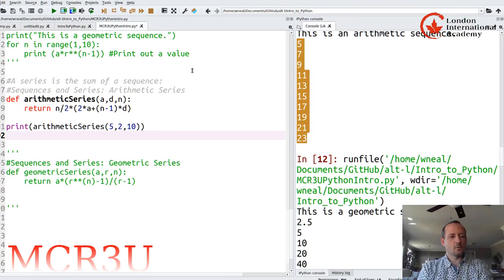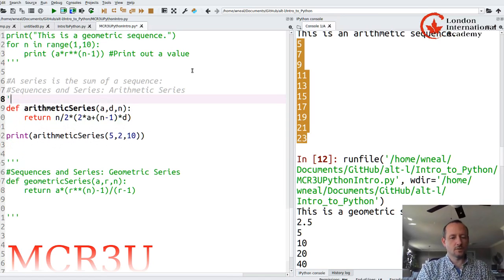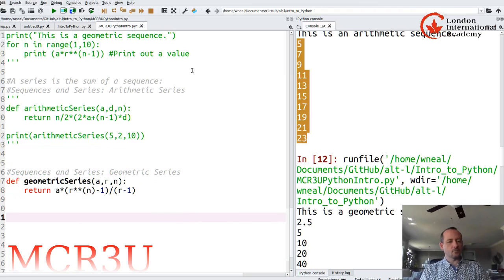All right, one more example to do, and we'll take some time to do some review. So here's a geometric series now. What's the sum of our geometric series? We'll try the same thing. Print geometric for a, r, and n.